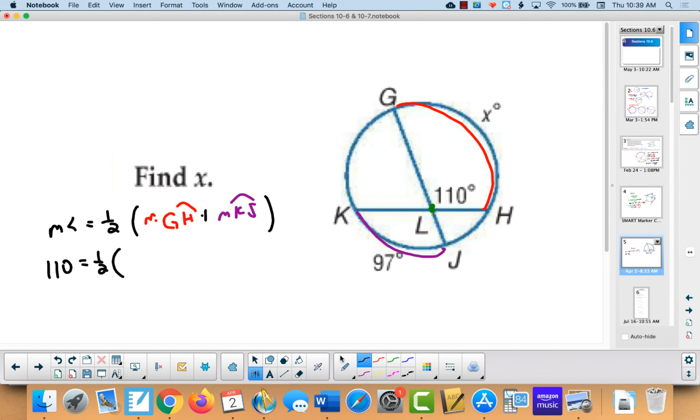The measure of arc GH is X. That's what I want to know. And the measure of arc KJ is 97.